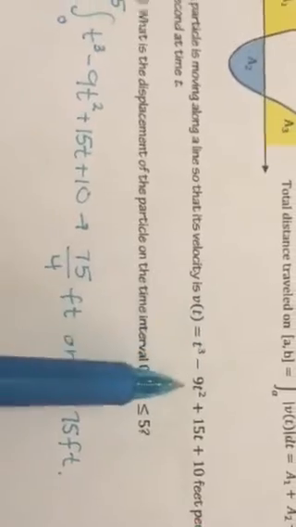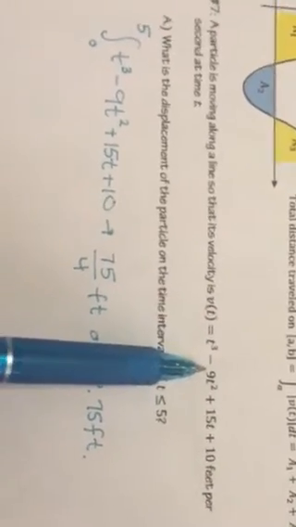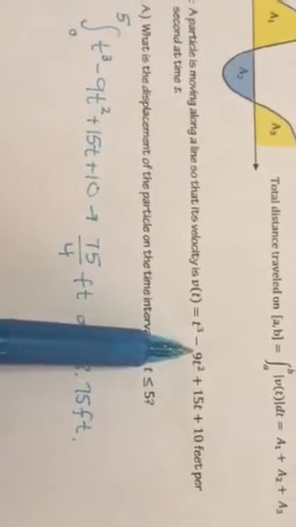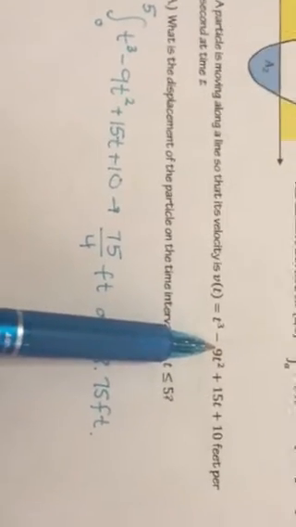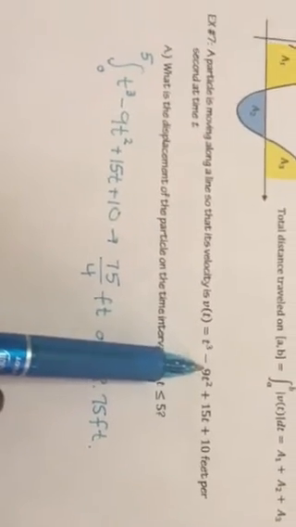But now, what is the total distance traveled by the particle on that same time interval? Now we're talking about distance, which means we can't just integrate it and evaluate it, because if we look at our function, somewhere along the line we've got a negative area or a negative value. So what we need to do first is find the zeros of our function.